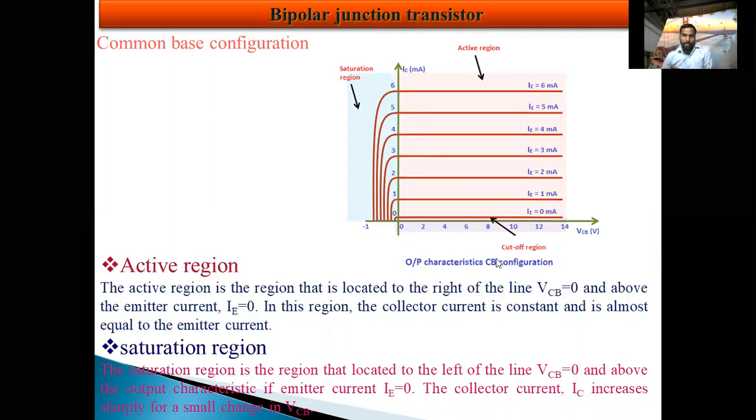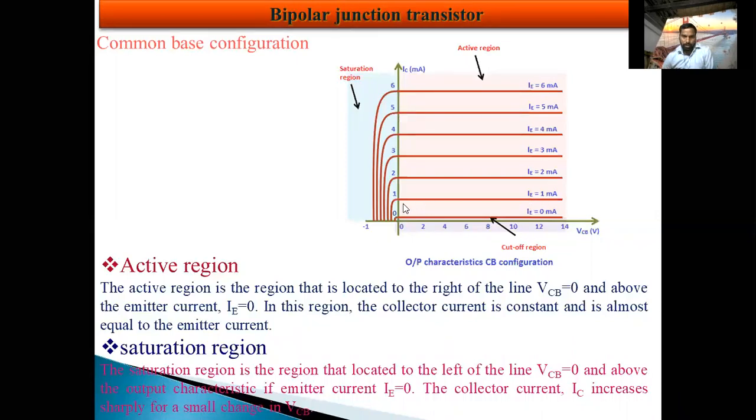Now suppose the IE value is 1 milliampere, we have to increase the voltage, that is, increase the current value. At a particular voltage, the current value is constant for all IE currents.